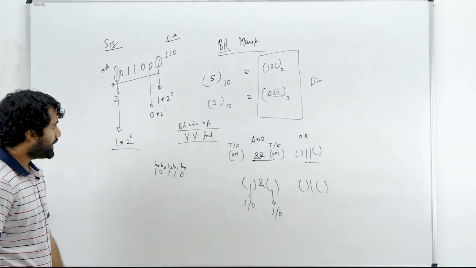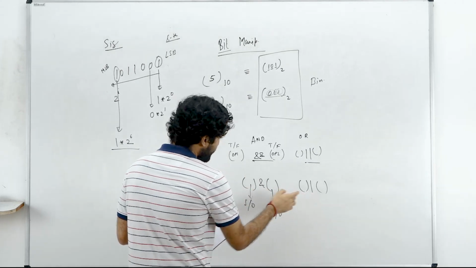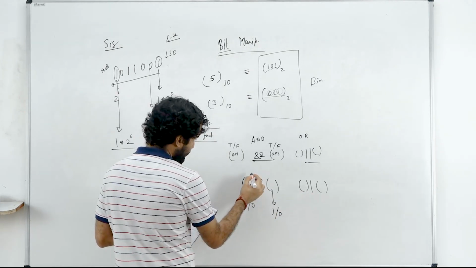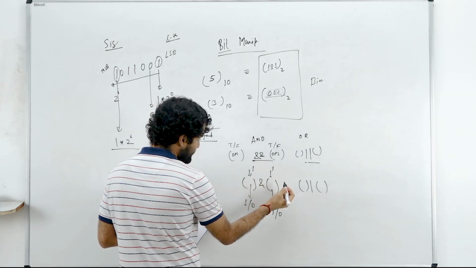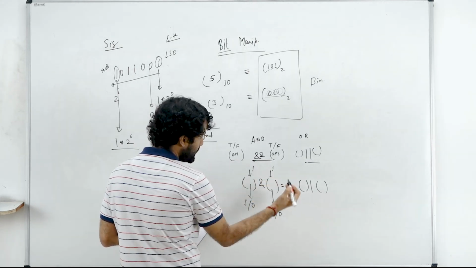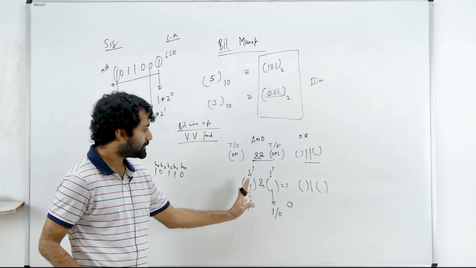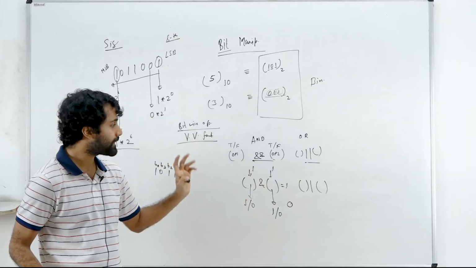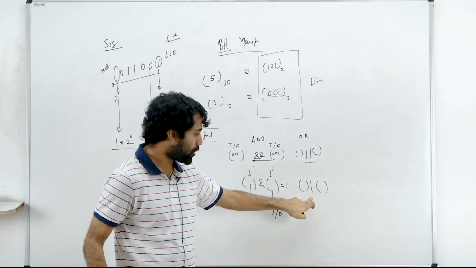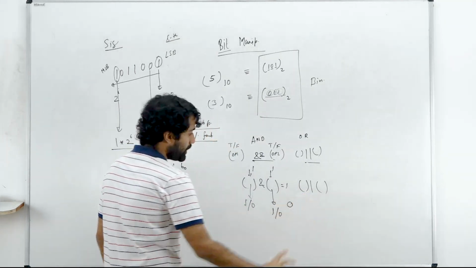Okay, cool. Now all of you understand the meaning of AND and the meaning of OR. If this bit is 1 and this bit is also 1, then only the value of AND will be 1, otherwise it will be 0. So even if one of them is 0, the bitwise AND of 2 bits is going to be 0. Similarly, bitwise OR.